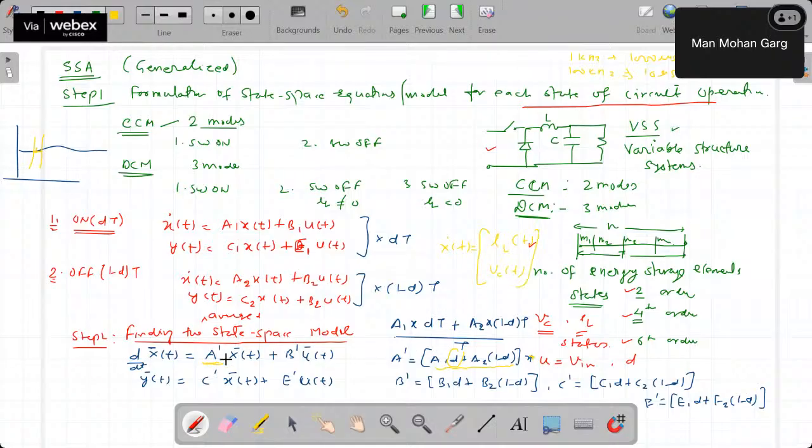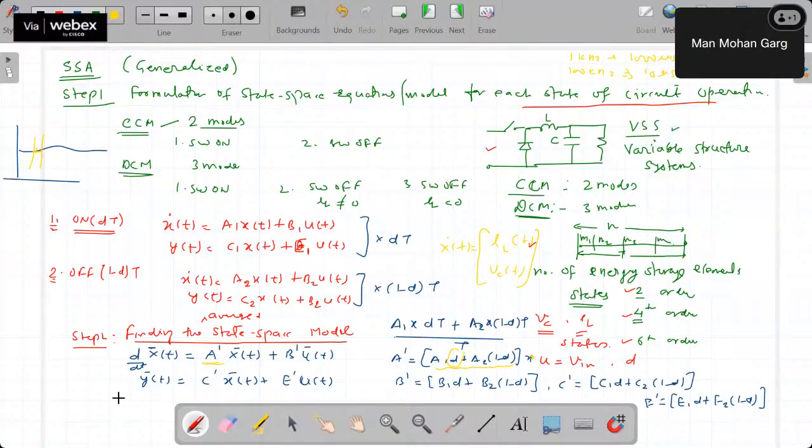x(t) is also a function of time. A dash is also a function of time. So this equation is non-linear. There are two inputs together, right? If both vary, then the output will also vary. It will not work in a linear fashion. Now, this model is not linearized.